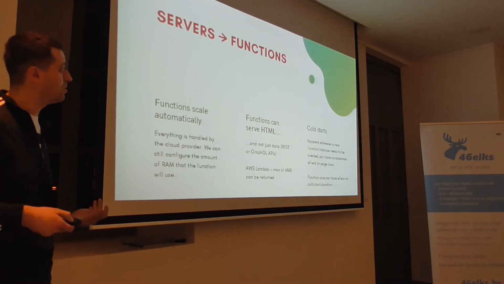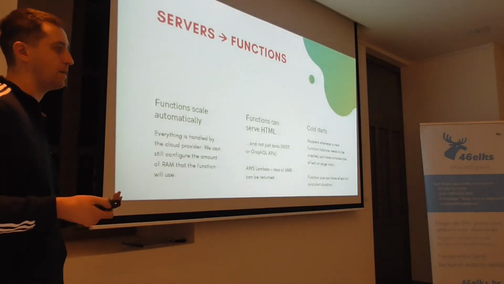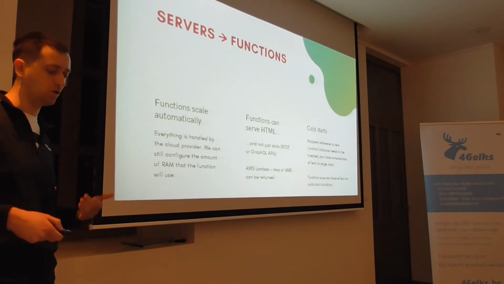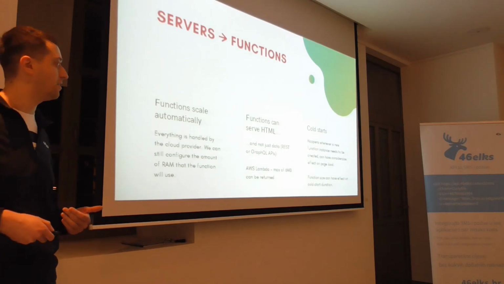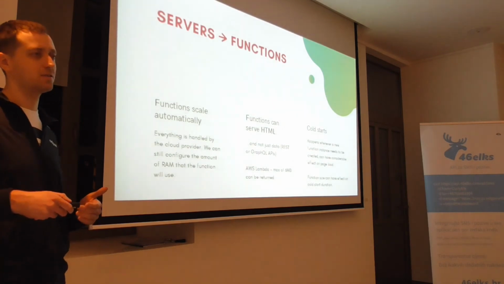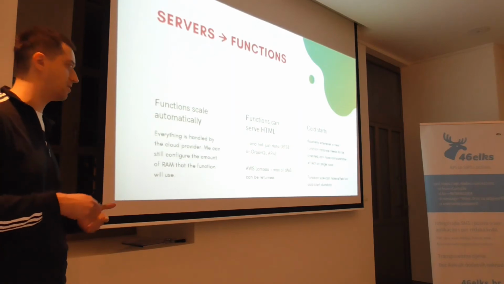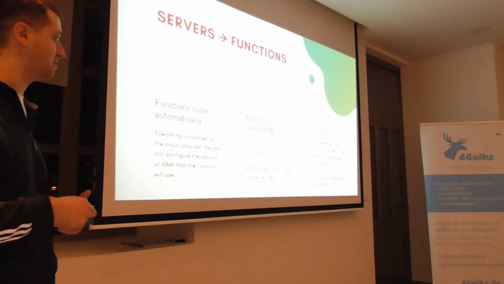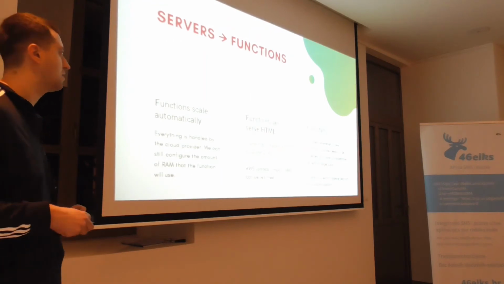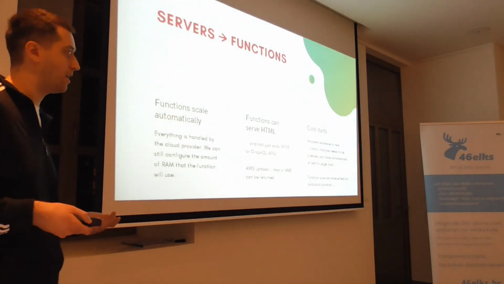Next up, we knew that functions can not only serve as an API endpoint. Usually when you look over various tutorials online, you will see the most common use case for functions is to build API endpoints. For example, one function that handles get users, another function that handles update users, and so on. But this is not the only use case. You can pretty much use functions for anything you like.